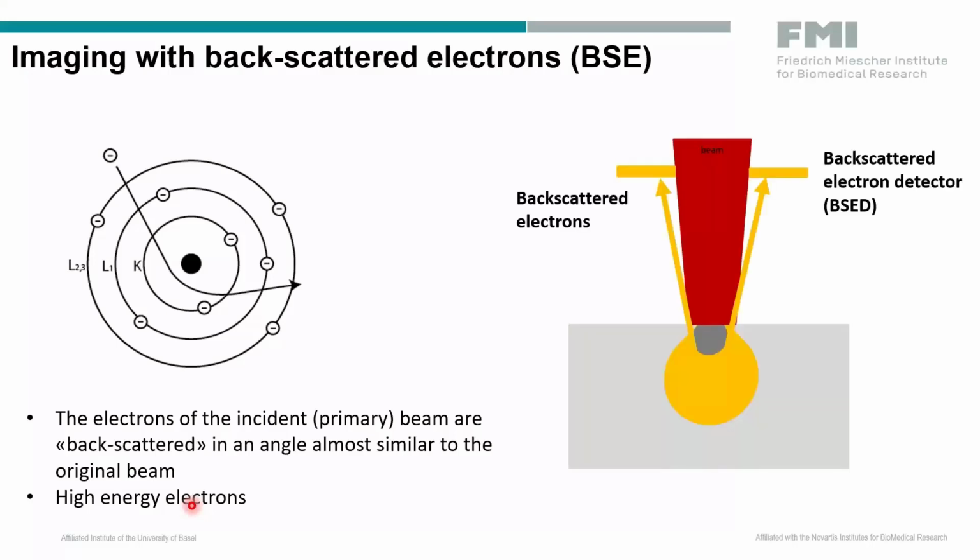Here you have a scheme of how it looks. So you have the beam and the electrons hit the sample. They are backscattered and detected by the backscattered electron detector.